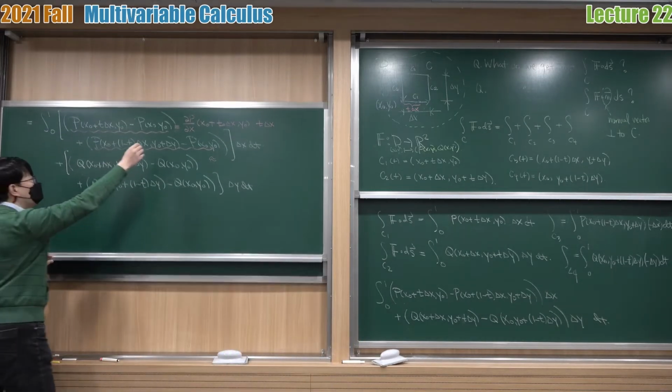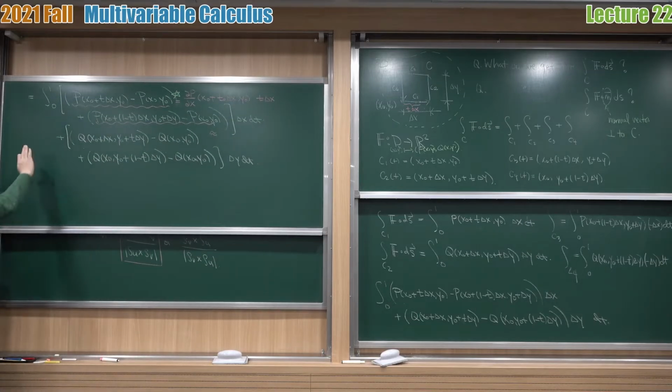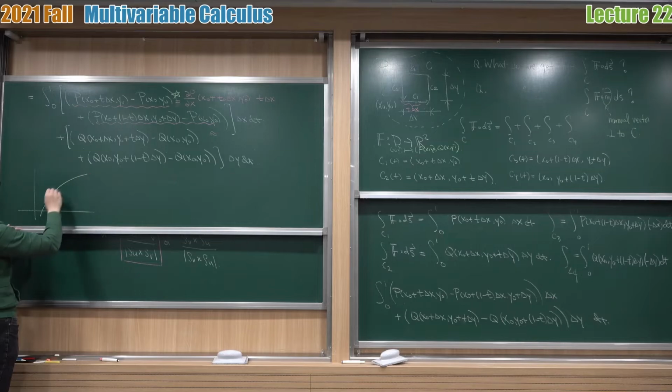No, I mean, what I'm doing here, this identity, is that I'm fixing y. So you can think of this p as a one variable function. Let's say we are at x0, and here is x0 plus t delta x.